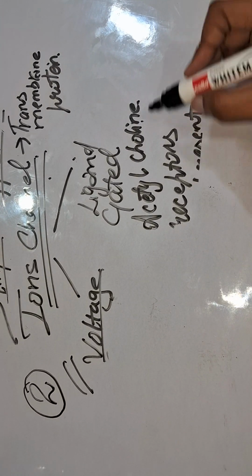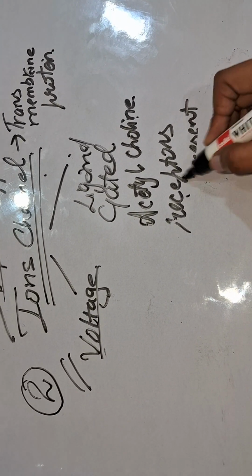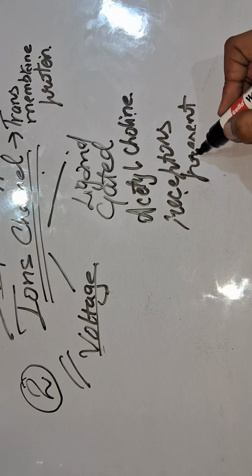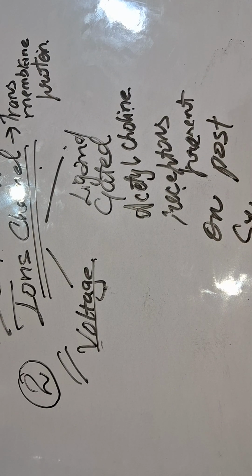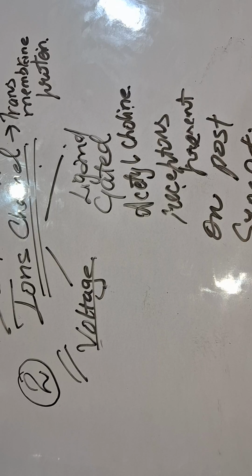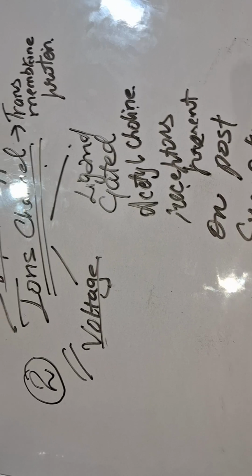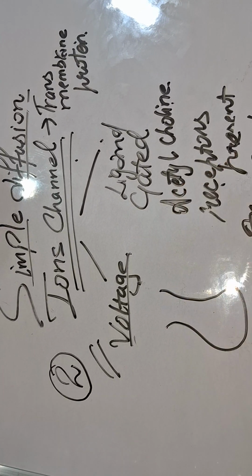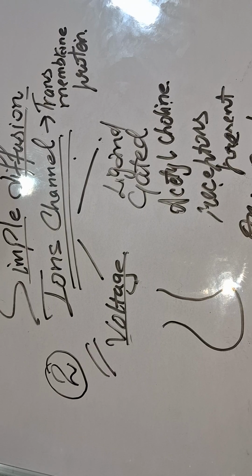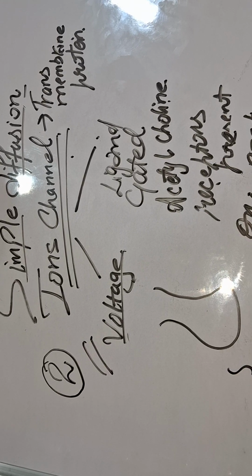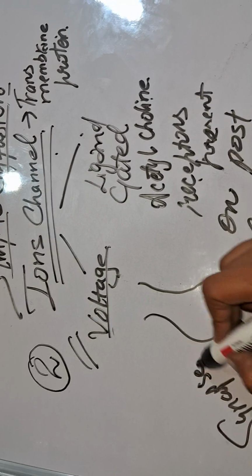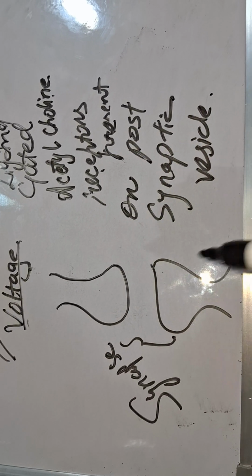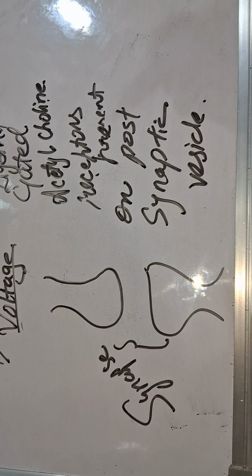Ligand gated: acetylcholine receptors are present on postsynaptic vesicles. The space between two neurons is the synapse.